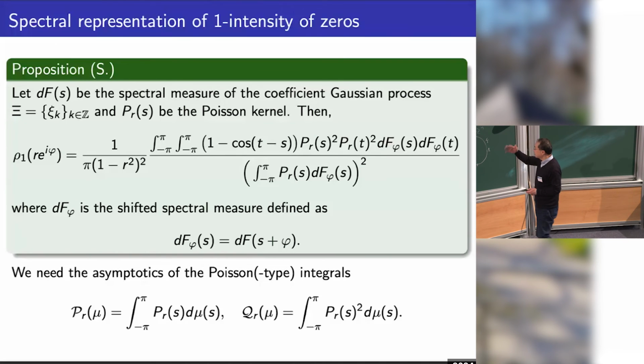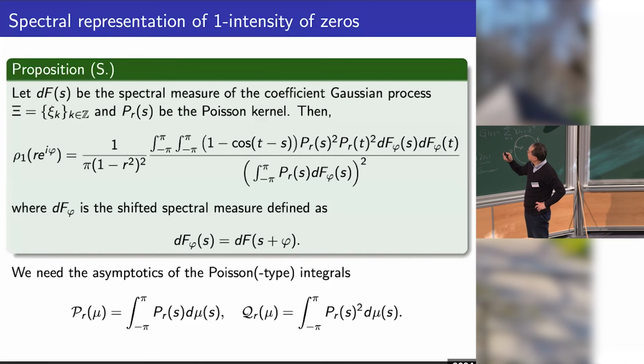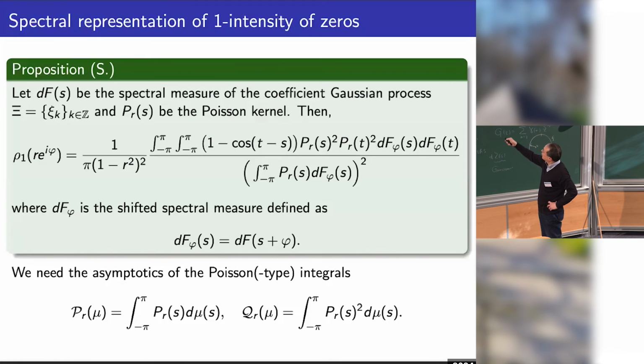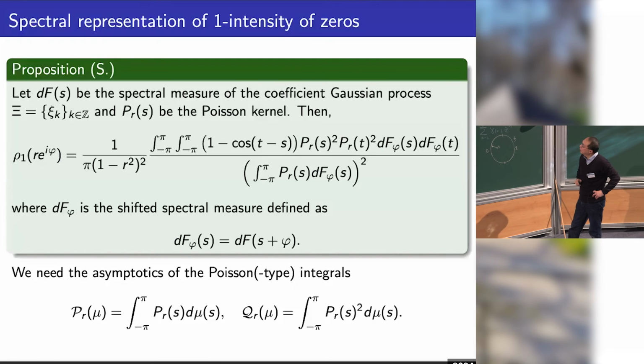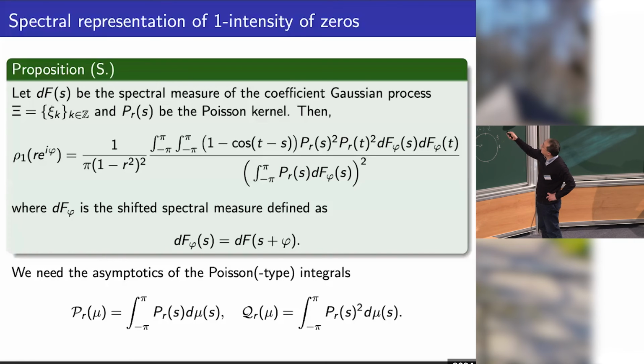So of course this is just an example, but for the general case, if you have a spectral measure dF, and also P_r is a Poisson kernel, then the directional density is given like this. Here you can see a Poisson type integral.